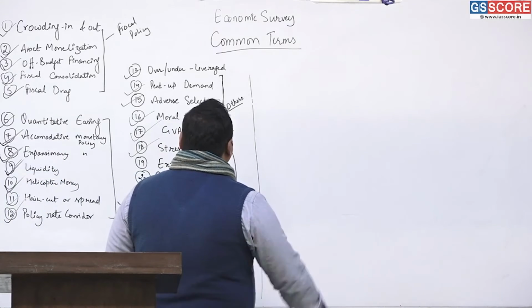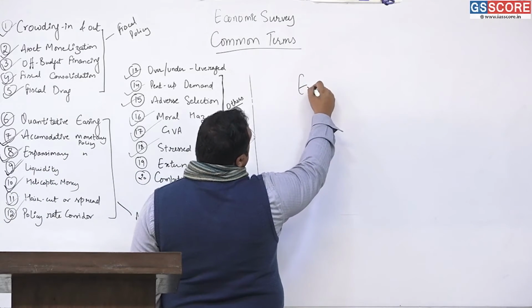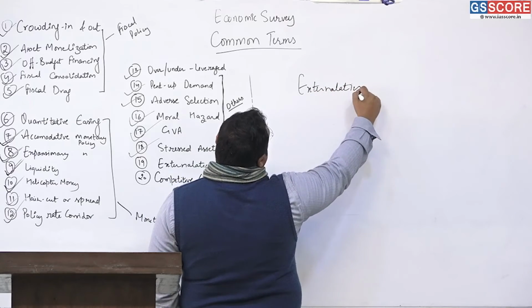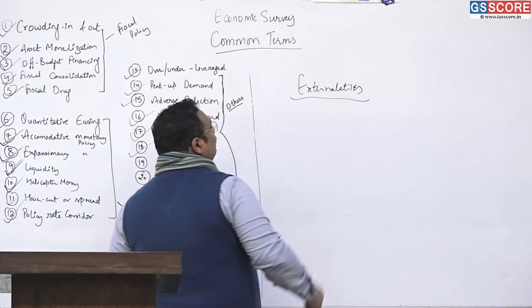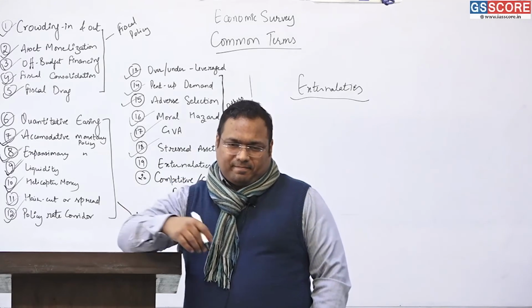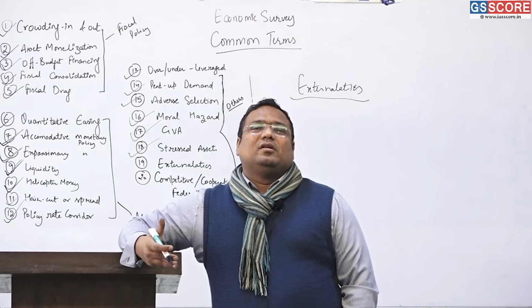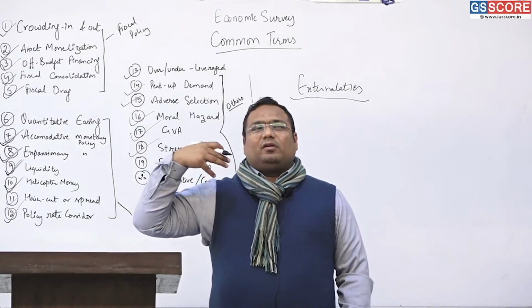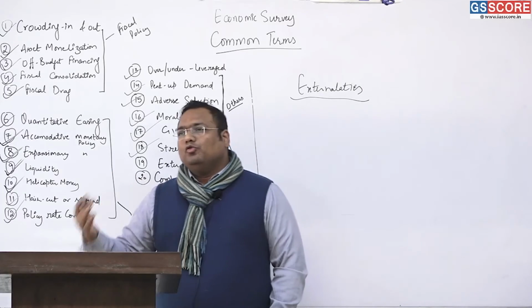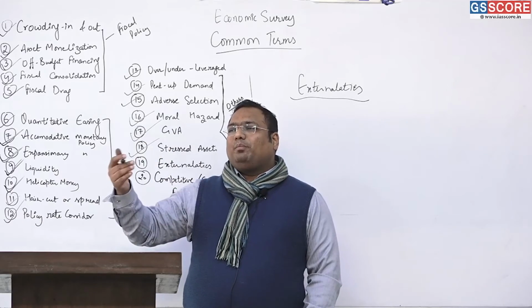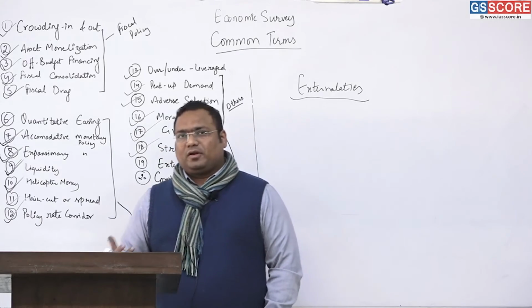Okay, next term is externalities. Externalities is now increasingly being used because of the air pollution problem in India. What is externalities? An externality is any external effect on you or the economy which is happening because of events which are not under our control.